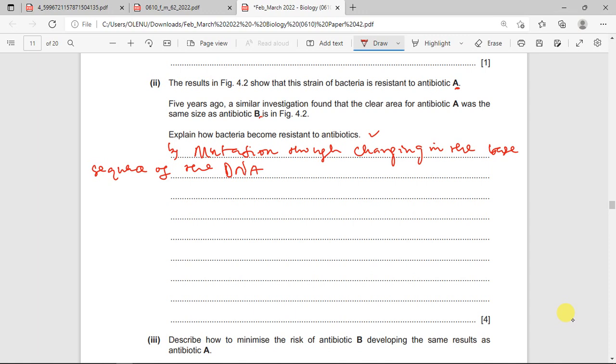Once the base sequence of the DNA changes, it will now do what? It will produce a mutated allele. And you should remember that an allele is an alternative form of a gene. So a different form of a gene is now formed, producing a mutated allele that will make the bacteria survive when you apply antibiotics.